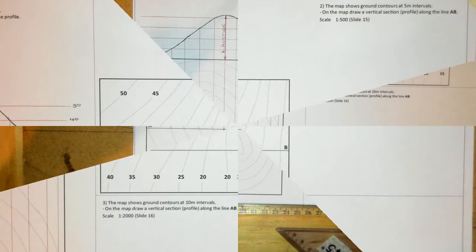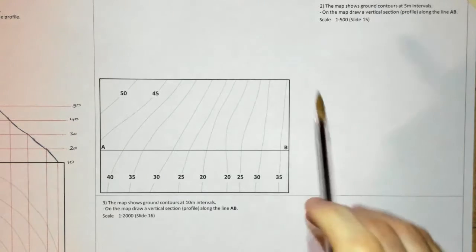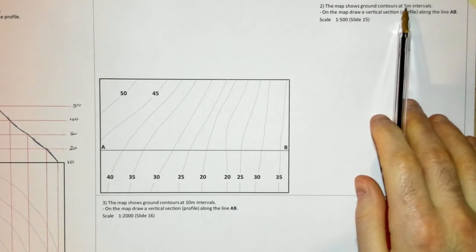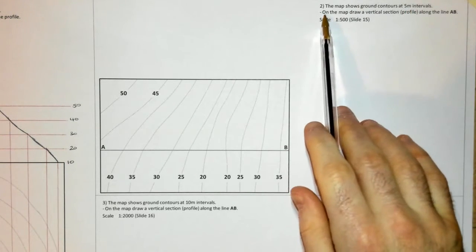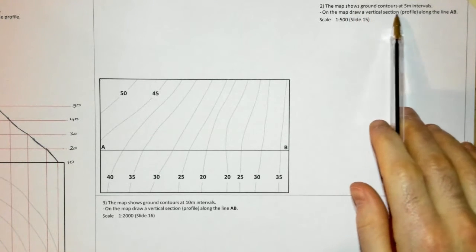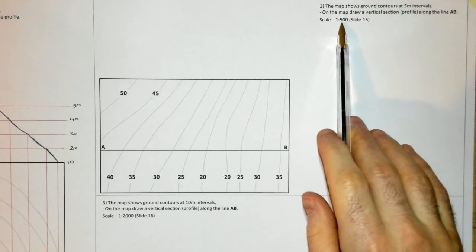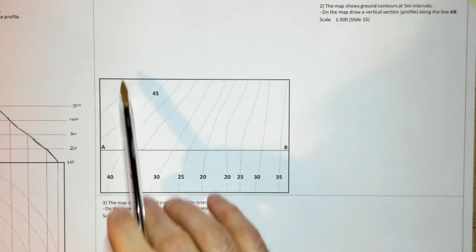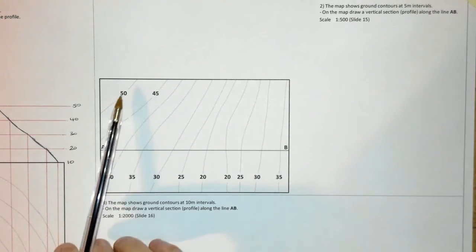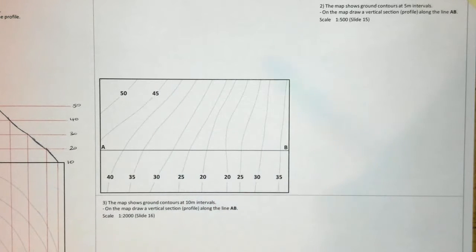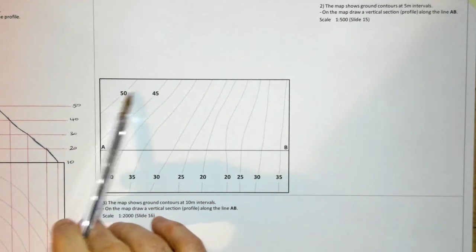Right guys, on this next question it says the map shows ground contours at 5 meter intervals, and on the map draw a vertical section profile along the line AB, and we're given a scale of 1:500. We can see the map here, and the distance between our contours has changed a little bit from other questions. This time the distance between them is 5 meters.